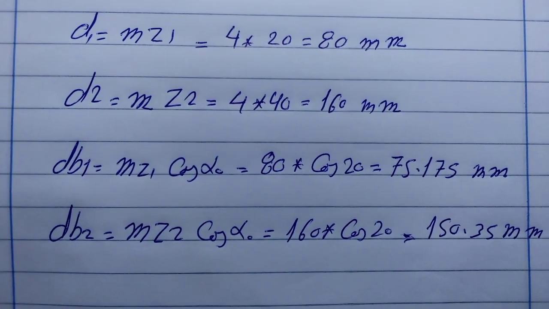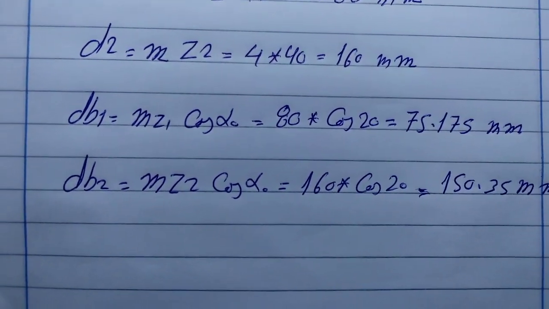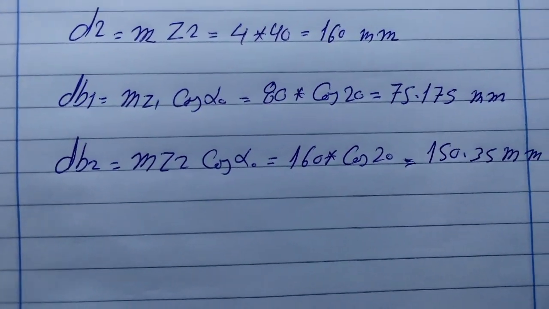Okay, now we must have the addendum circle diameter for each gear.